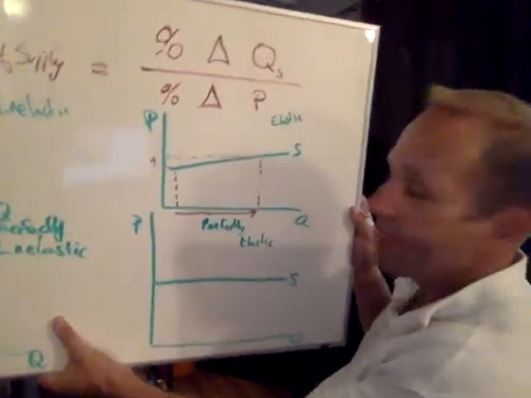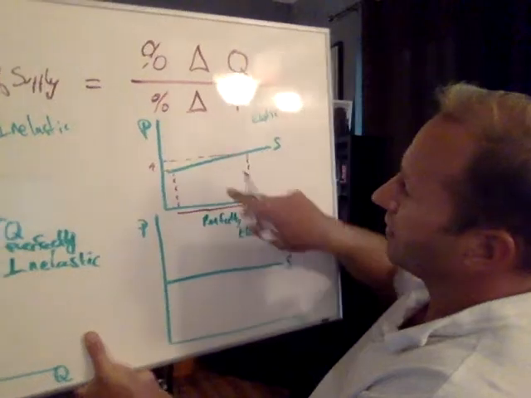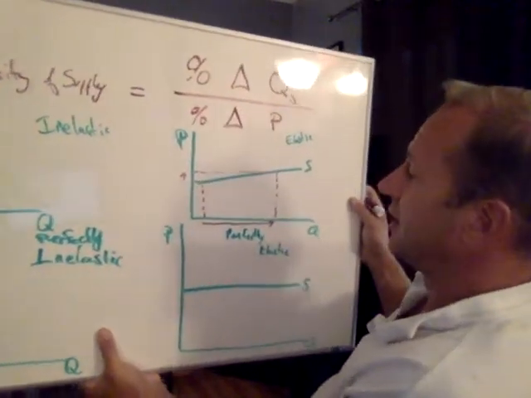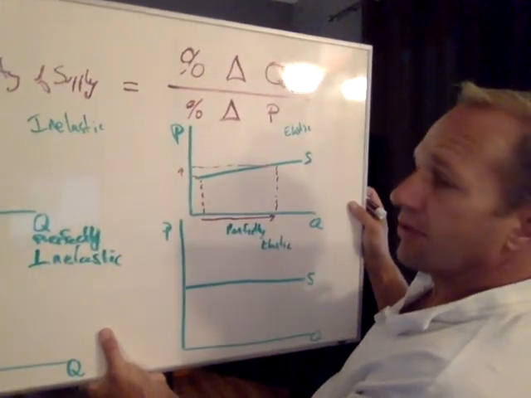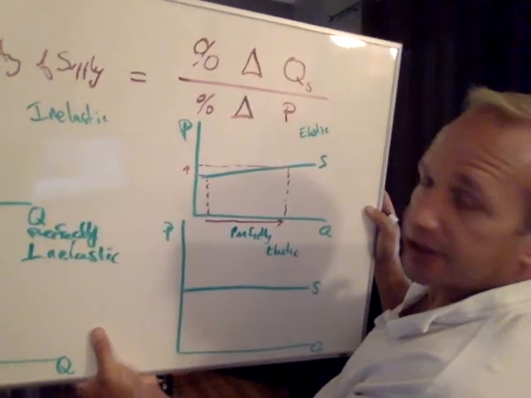So a little price rise leads to a big response. Big response in output for a little price rise. So this is something that's very easy for people to start selling.